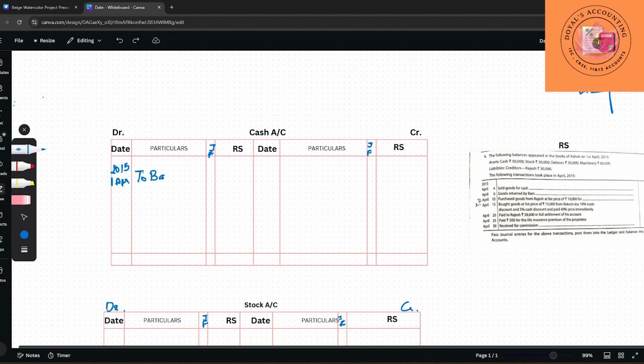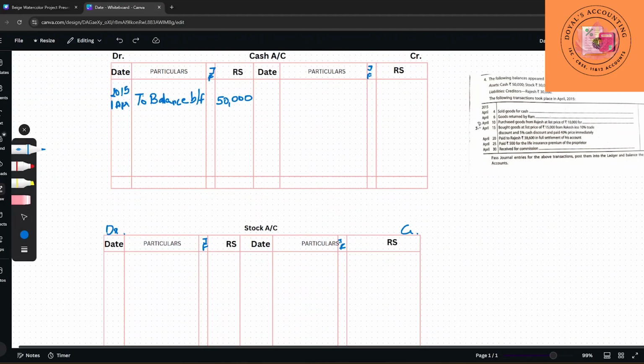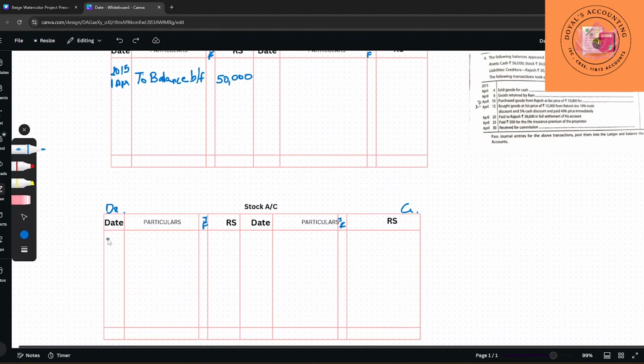Okay, balance brought forward. So cash balance brought forward is 50,000. Now stock balance brought forward is rupees 30,000. So you'll write your date 2015, 1st April, to balance brought forward. How much is the balance? 30,000.